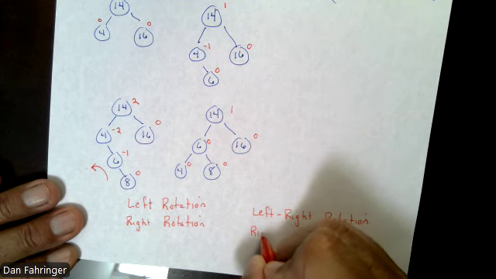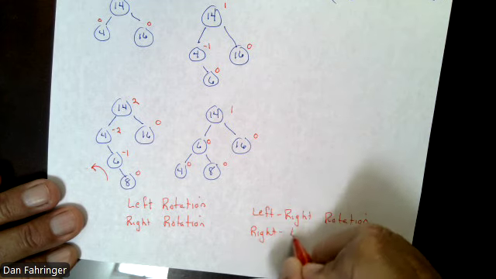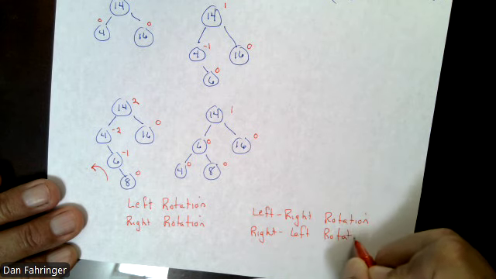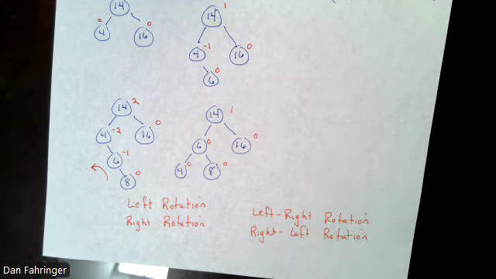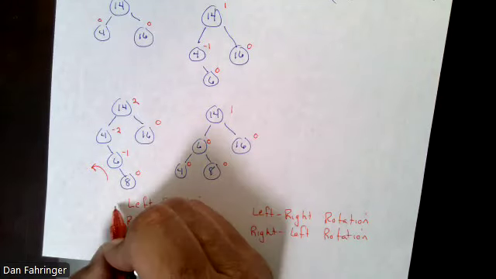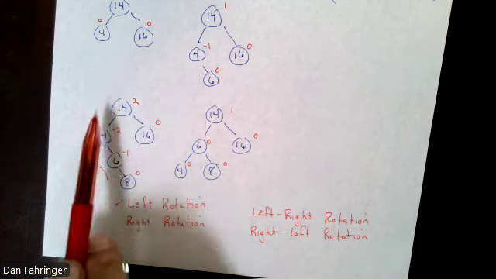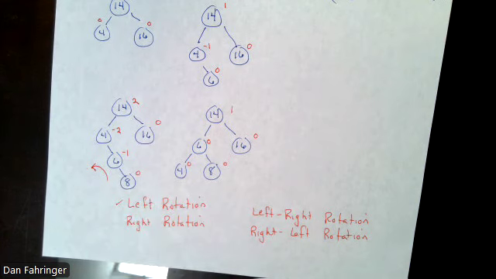And finally, a right, left rotation. Adelson-Velsky came up with these are the 4 you need. Right here, we just did a left rotation. Things were not good with my balance, so I had to do a rotation.